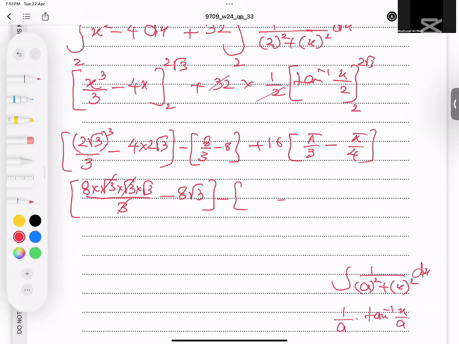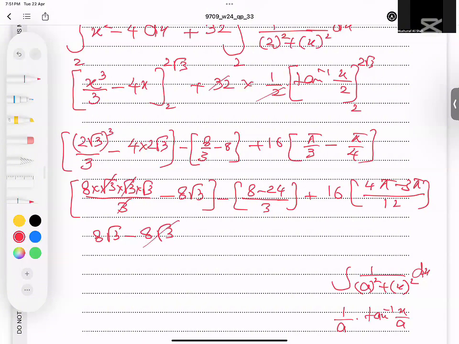LCM is 3, and 3 8 times, 24. Here I take LCM again, 12. So 4 pi minus 3 pi. Here I got 8 root 3 minus 8 root 3, which cancels out. And here I got a minus 16 over 3, becoming plus 16 over 3.